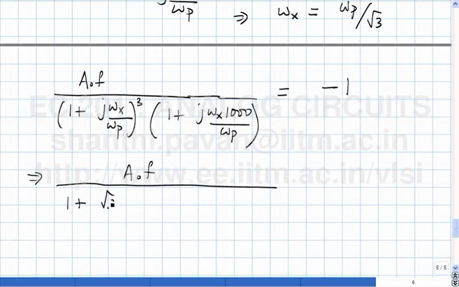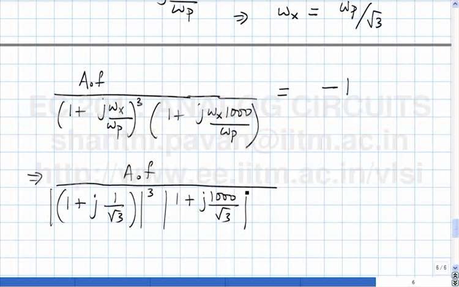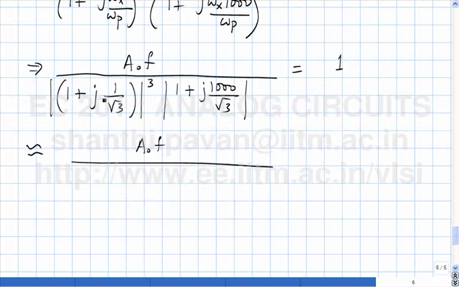This is A naught F over (1 plus j by root 3) the whole cube times (1 plus j 1000 by root 3), which must be equal to 1. But this is approximately the square root of (1 plus 1/3) the whole cube times 1000 by root 3.